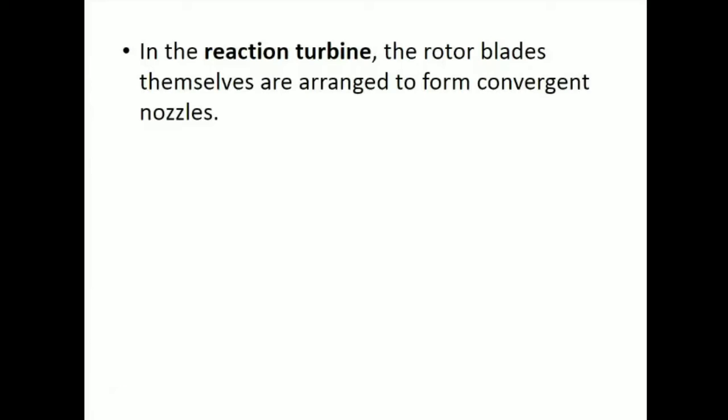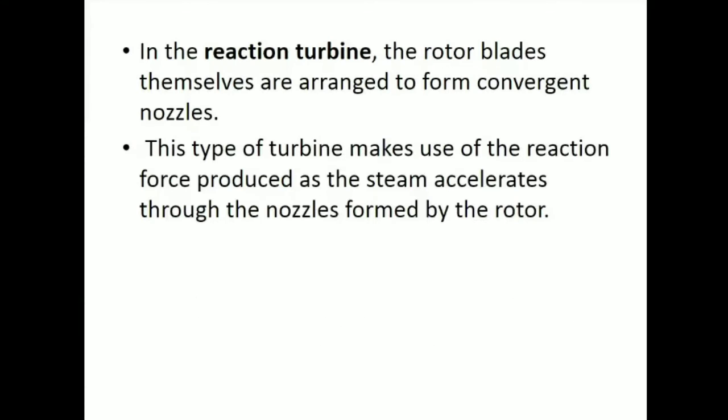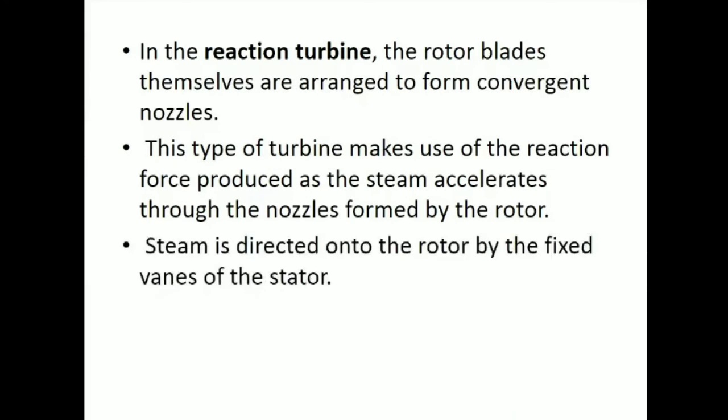In the reaction turbine, the rotor blades themselves are arranged to form convergent nozzles. This type of turbine makes use of the reaction force produced as the steam accelerates through the nozzles formed by the rotor. Steam is directed onto the rotor by the fixed vanes of the stator.